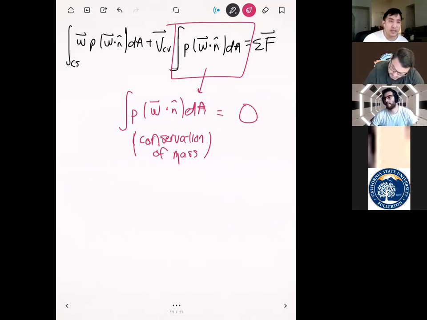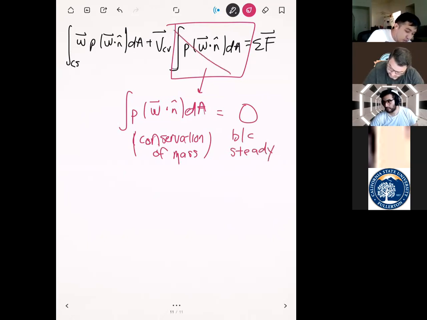In a steady situation, mass cannot accumulate or decrease in the control volume. Because of that, the inflow of mass and the outflow of mass for the entire control volume has to be the same. And so when we perform this integral, this is actually 0, because steady.